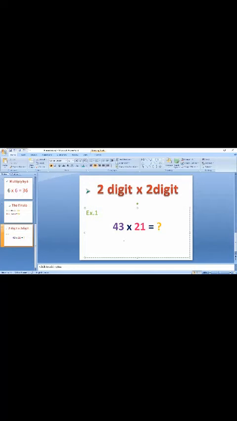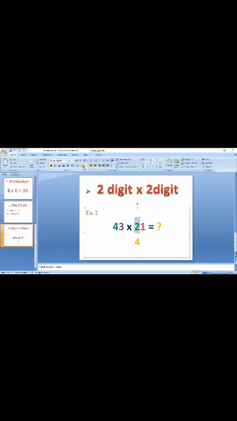So the first step is to multiply. We have to multiply the first digits of the two numbers. The first digit of the first number is 4, and we have to multiply that by the first digit of the second number, which is 2.